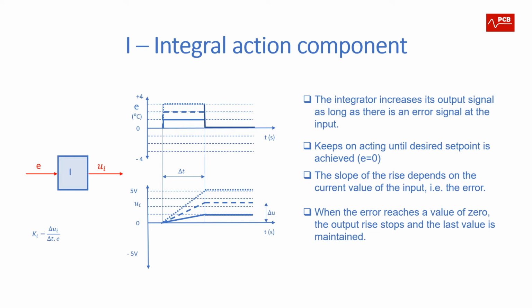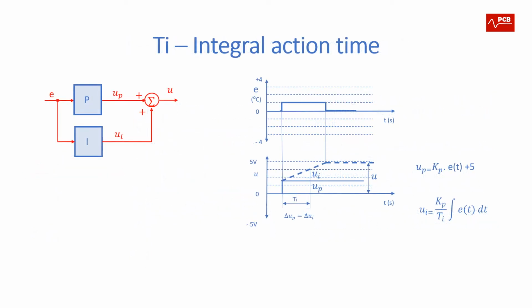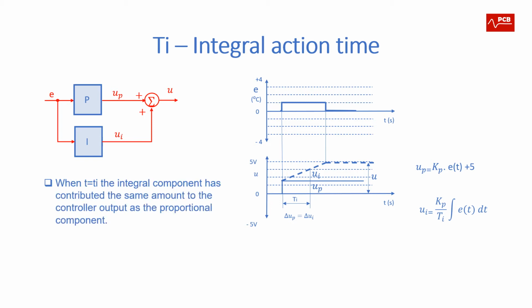When the error reaches a value of 0, then the output rise stops and the last value is maintained. The parameters that can be set in PI controllers are the proportional band for the P component and the integration time for the I component. And what is integration time? This is the time the integrator component has to contribute the same amount to the controller output as the proportional component.